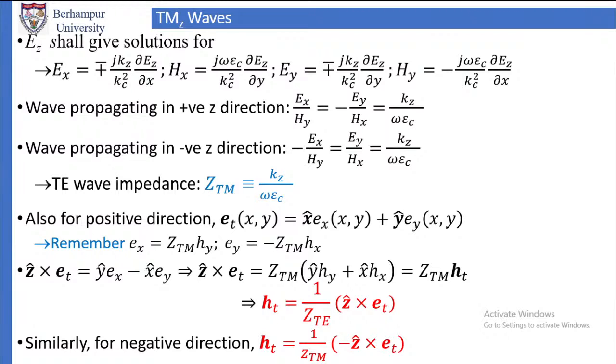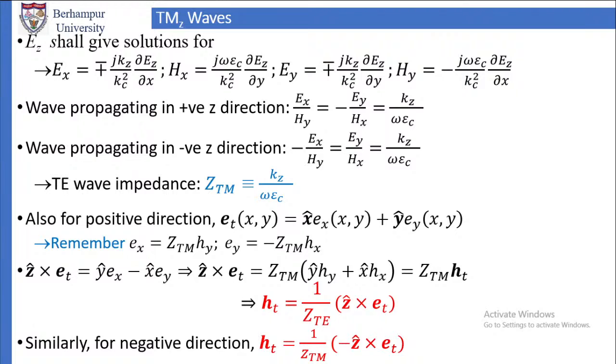Now, again, as in the last slide, we will take z cap cross E_T. So z cap cross E_T is equal to y cap Ex minus x cap Ey, because z cap cross x cap is y cap, and z cap cross y cap is equal to minus x cap. So z cap cross E_T is equal to Z_TM times (y cap Hy plus x cap Hx). The plus comes from this part, since Ey is equal to minus Z_TM Hx, so minus Ey gives plus Z_TM Hx.